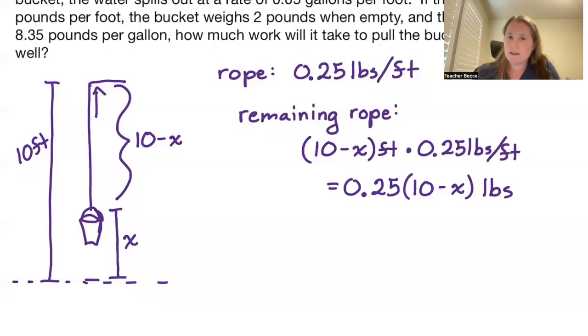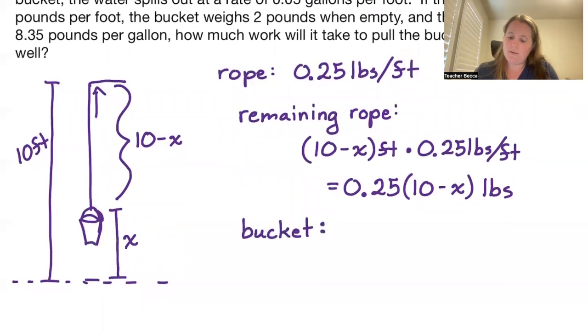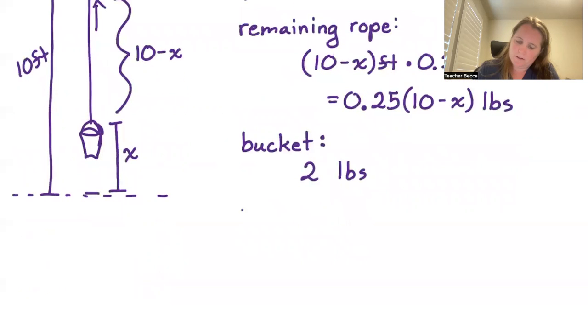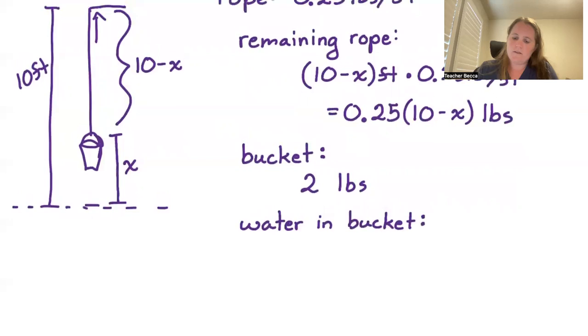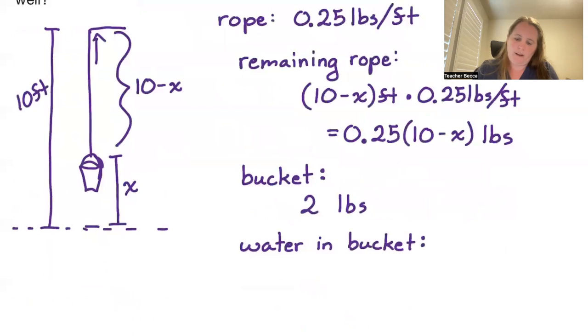In addition to this, we will also have our bucket. Our bucket is a constant 2 pounds on its own. And then we have the water in the bucket: 8.35 pounds per gallon.